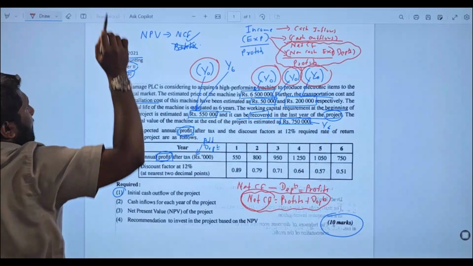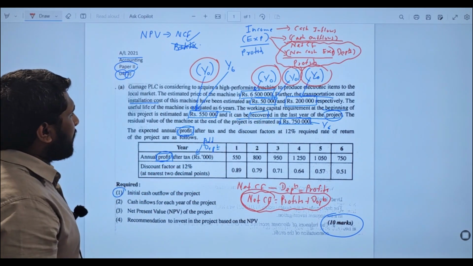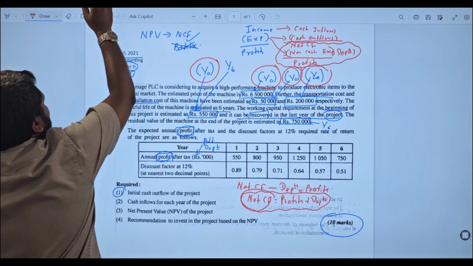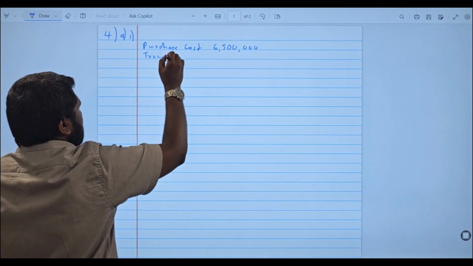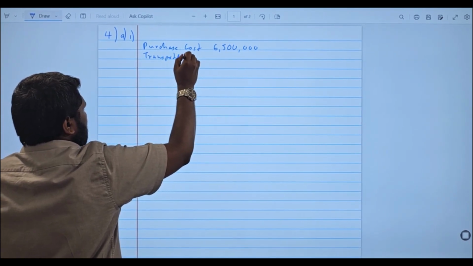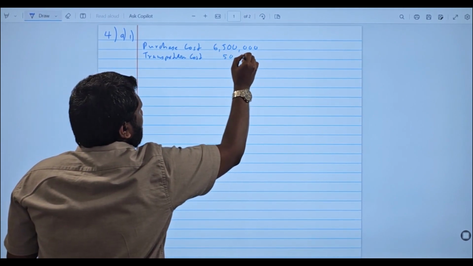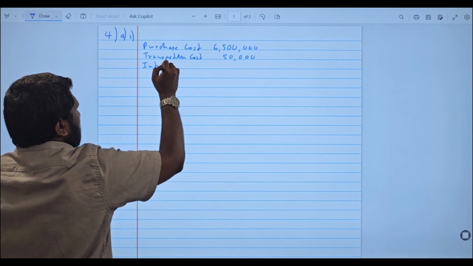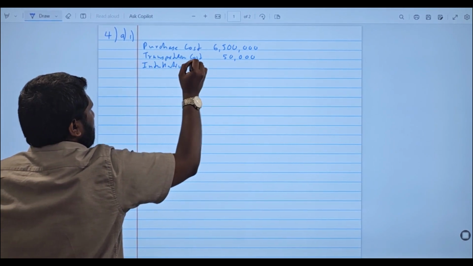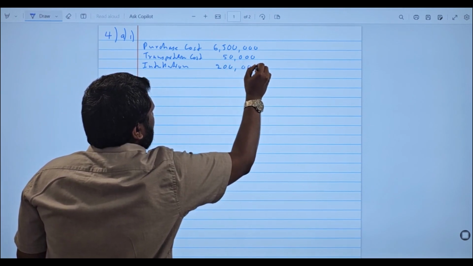Then I have the transportation cost of 50,000 and the installation cost of 200,000.